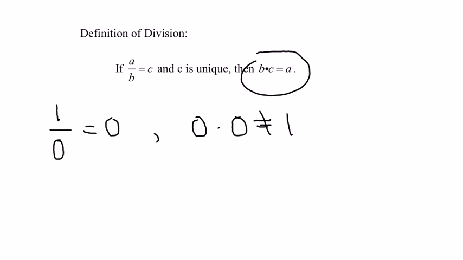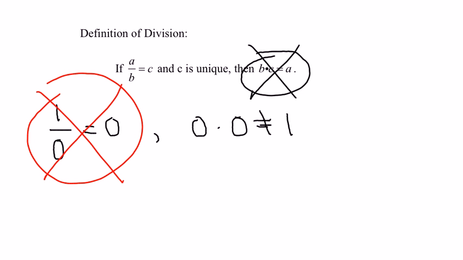So it doesn't satisfy this part of the equation. Since it doesn't satisfy at least one part of that definition, it's considered undefined. So this does not work, and that means it's undefined.